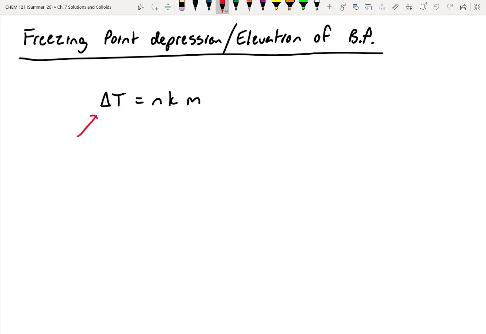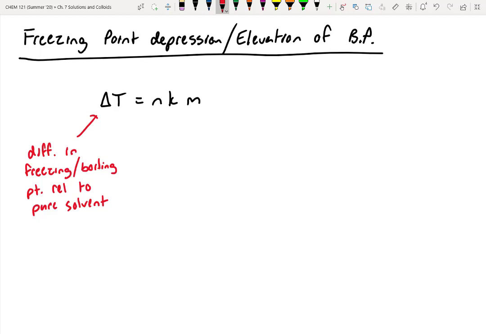So this is the difference in freezing or boiling point relative to pure solvent. If we're dealing with water, we'd be saying, if the freezing point is lower, how much lower than 0 degrees Celsius is it going to be?